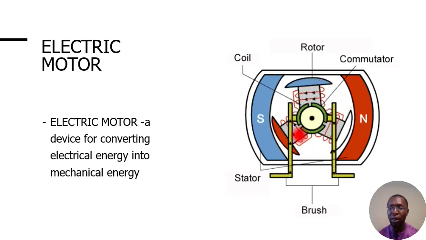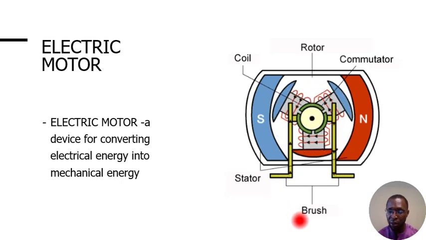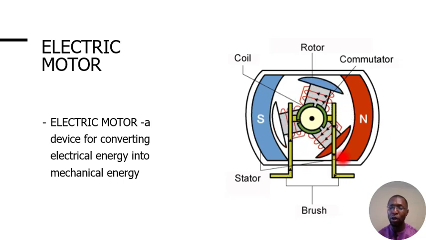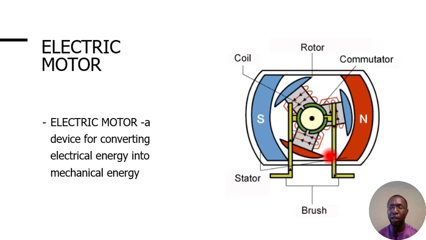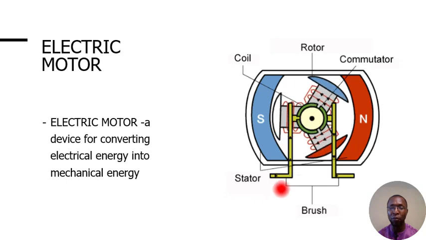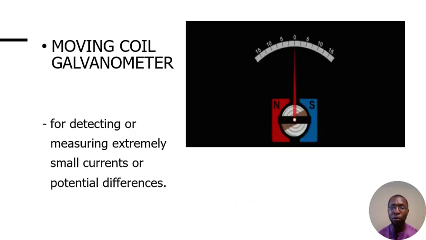And that force, we have already said, is perpendicular to the direction of the flow of current and also to the direction of the magnetic field. Okay, so this is achievable because of what? Of the electromagnetic field.